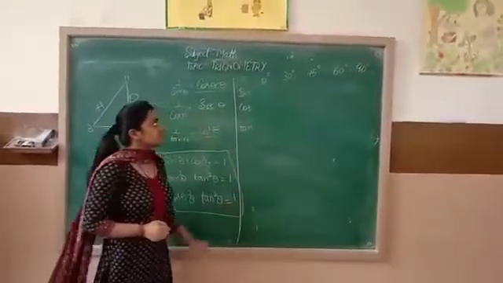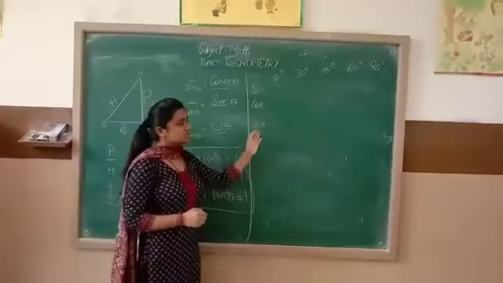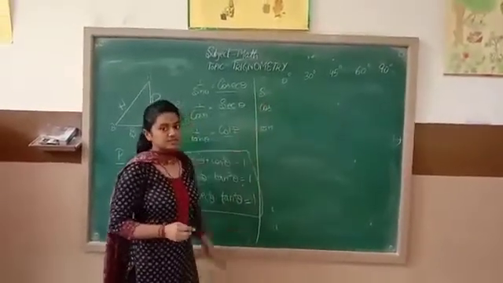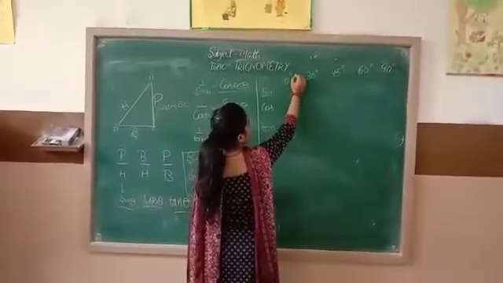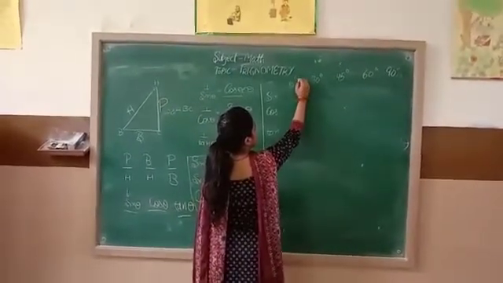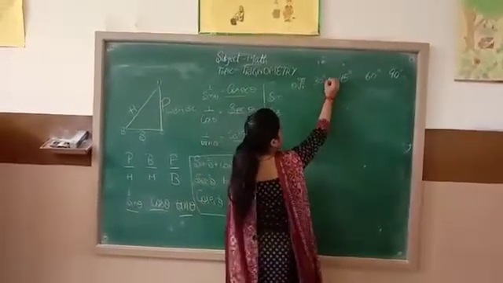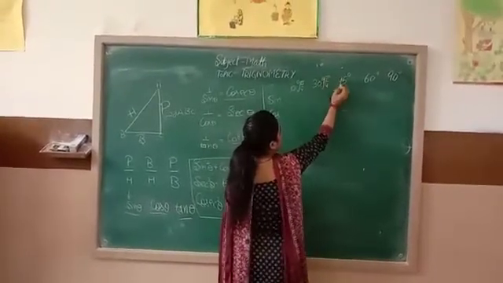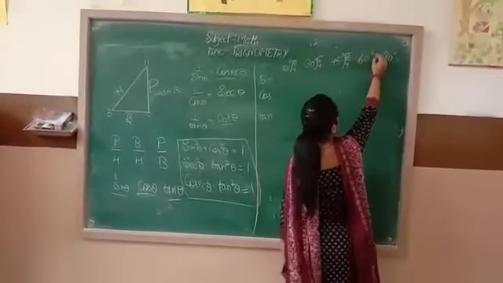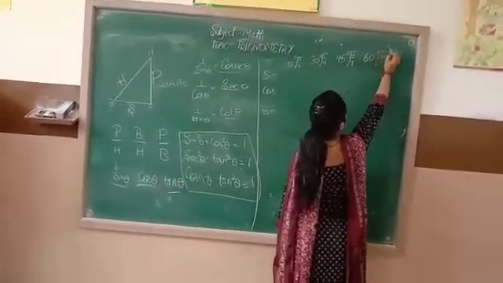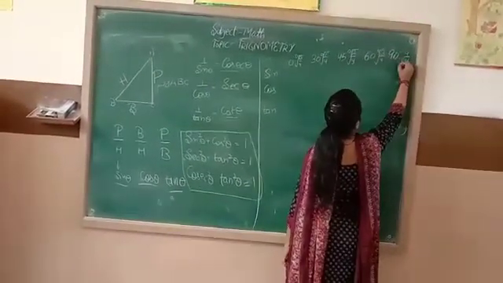Now we discuss the value of sine, cos, tan under these measurements. So here we can write 0 by 4 square root, 1 by 4 square root, 2 by 4, 3 by 4 and then 4 by 4 square root.